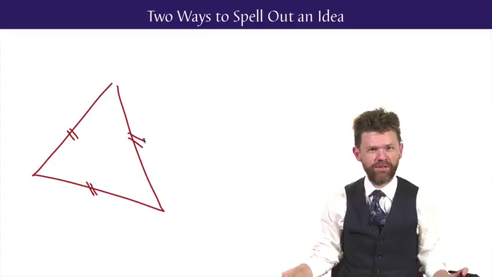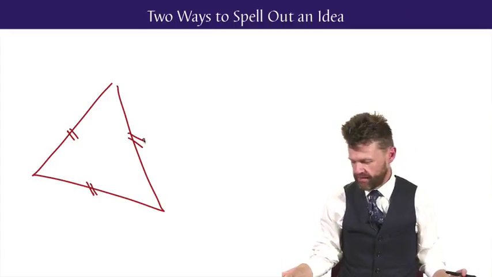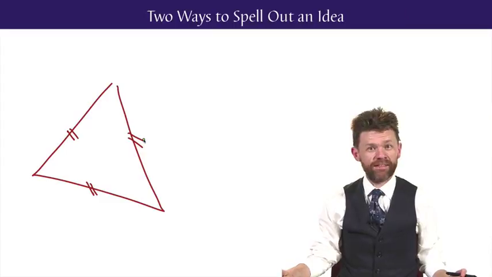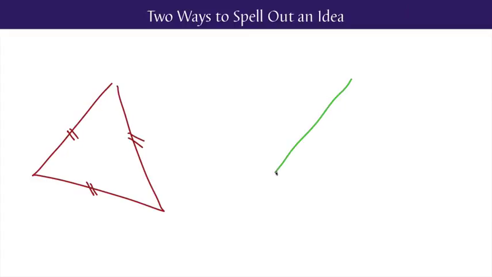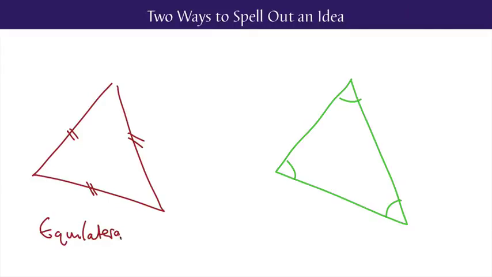So I've got a three-sided triangle in which every side has the same length. Now, there's also the idea of an equiangular triangle. And this is a triangle in which all of the angles have the same size. So the first one here is equilateral, and the second one here is equiangular.